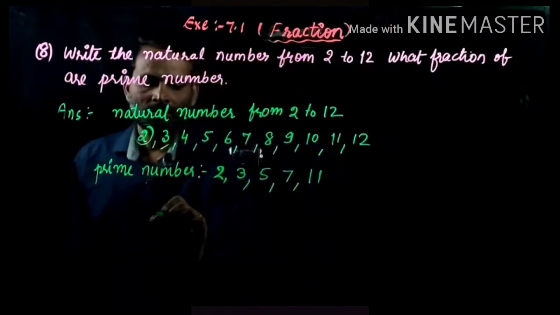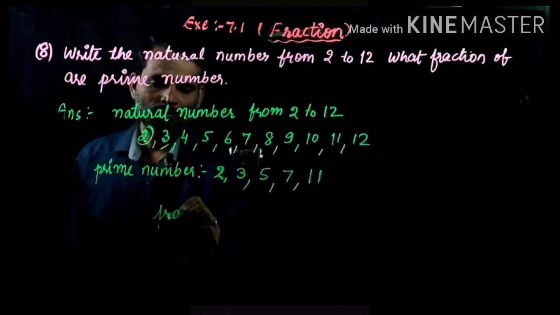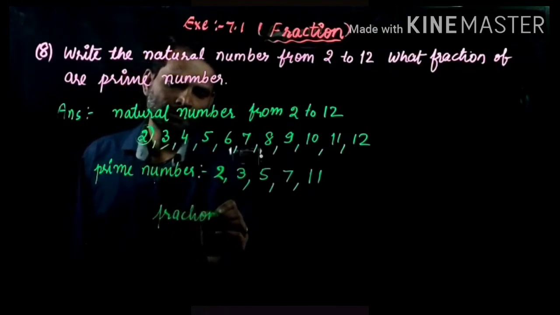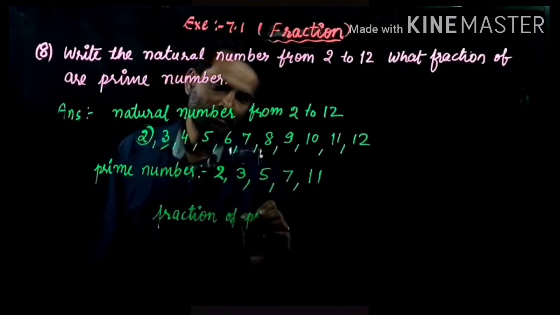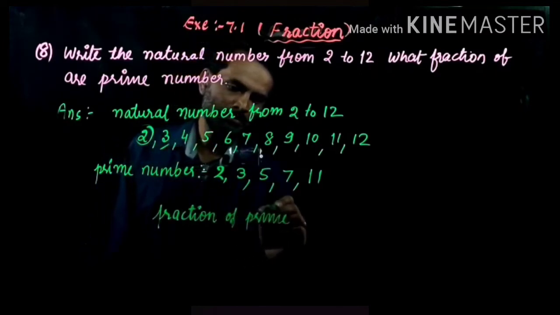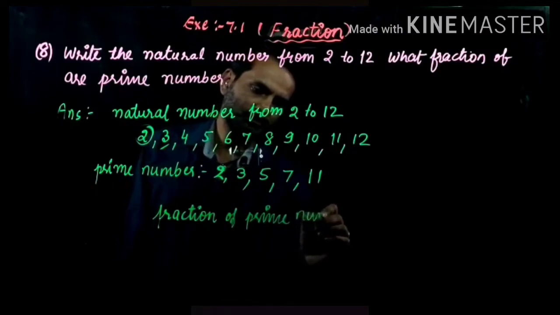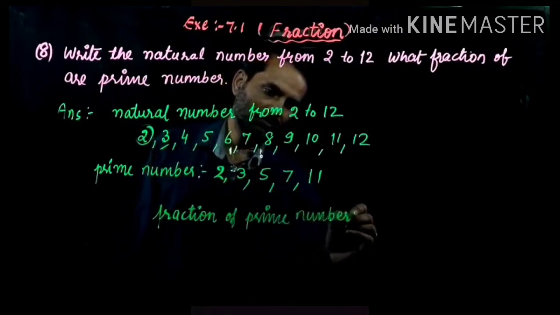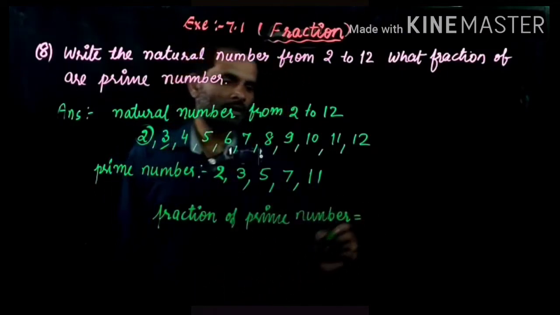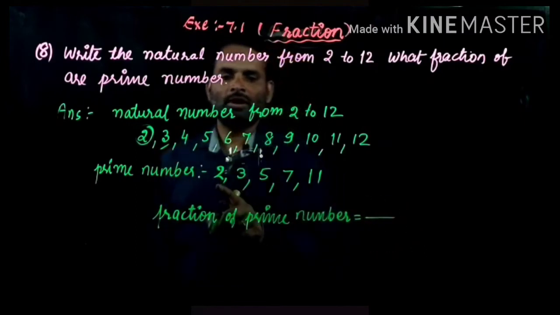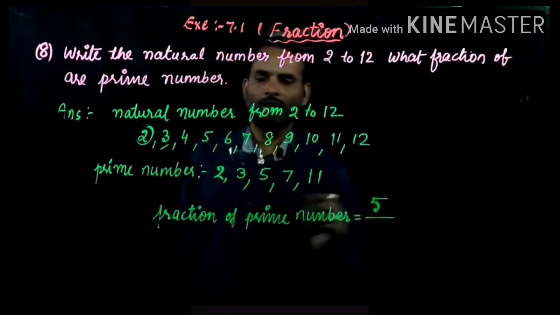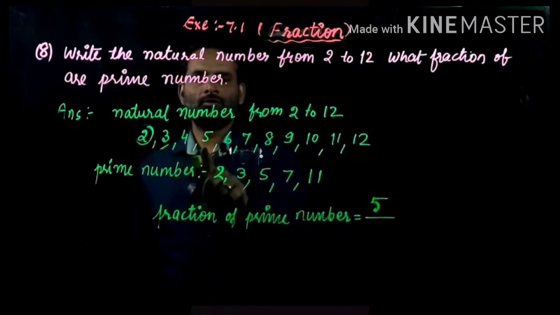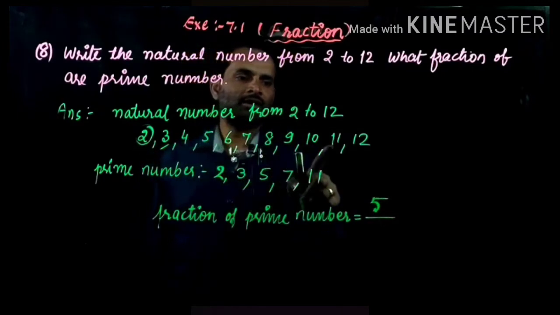A prime number has only itself and 1 as factors. So the fraction of prime numbers: how many prime numbers? 1, 2, 3, 4, 5, and the total numbers are 1, 2, 3, 4, 5, 6, 7, 8, 9, 10, 11.